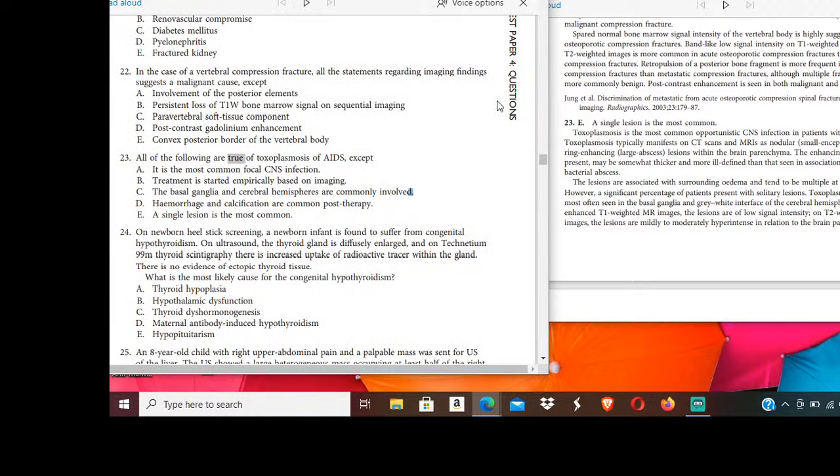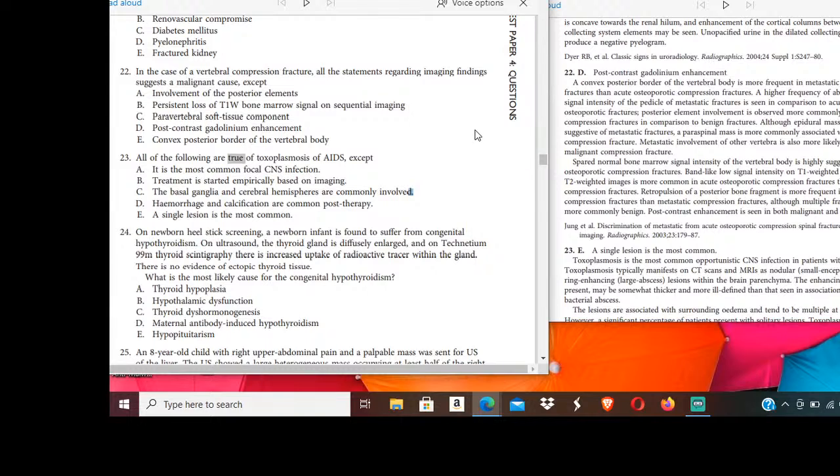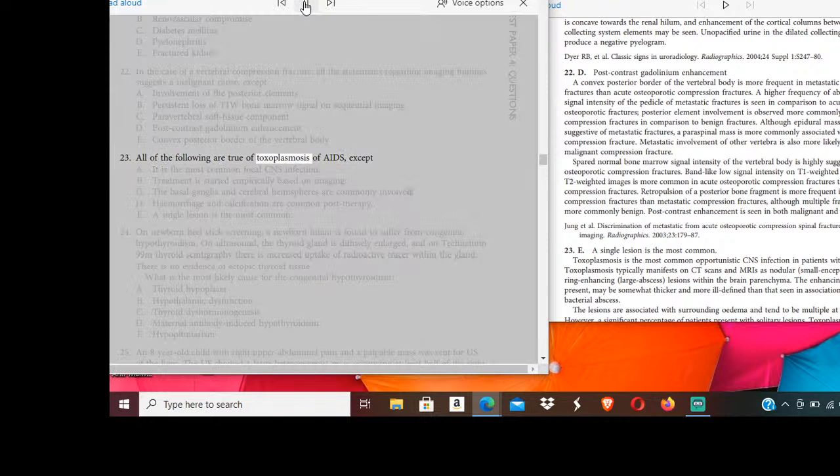23. All of the following are true of toxoplasmosis of AIDS, except: A. It is the most common focal CNS infection.